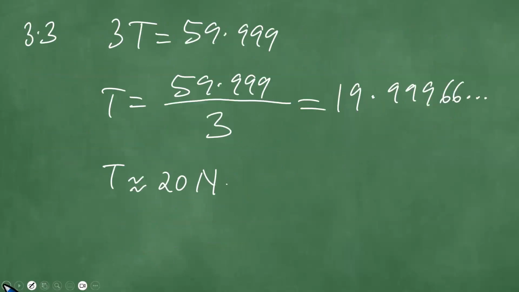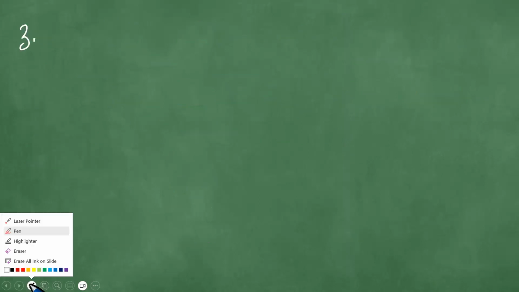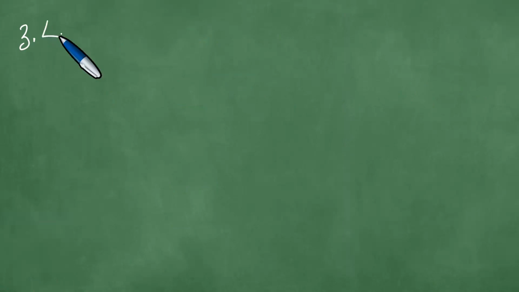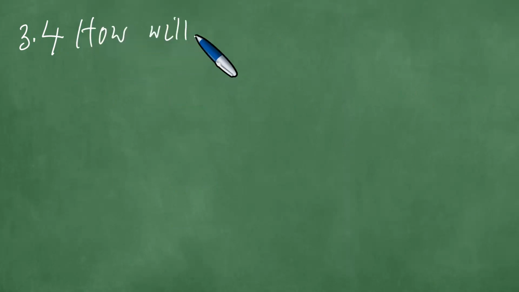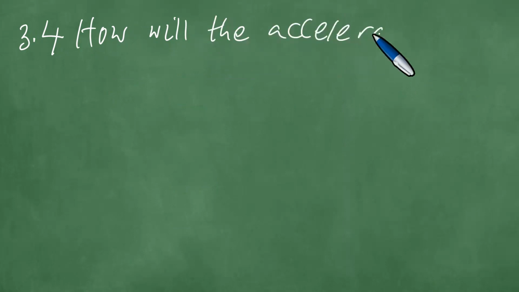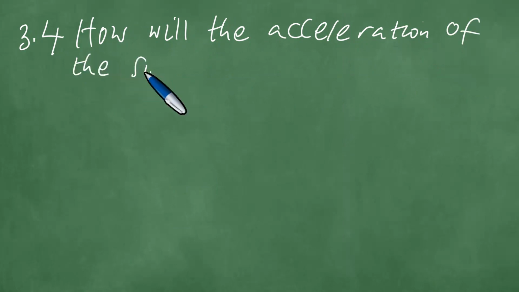So this was 3.3, and this one is going to be 3.4. How will the acceleration of the system change?